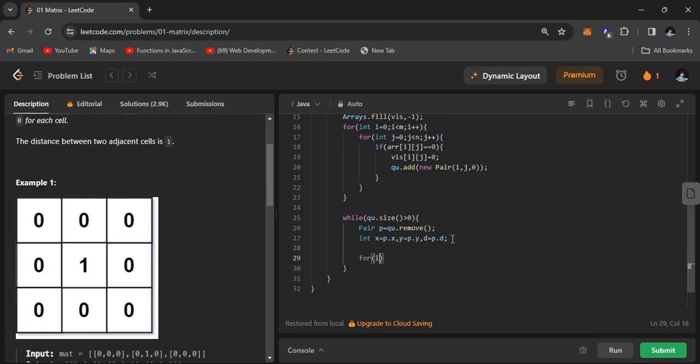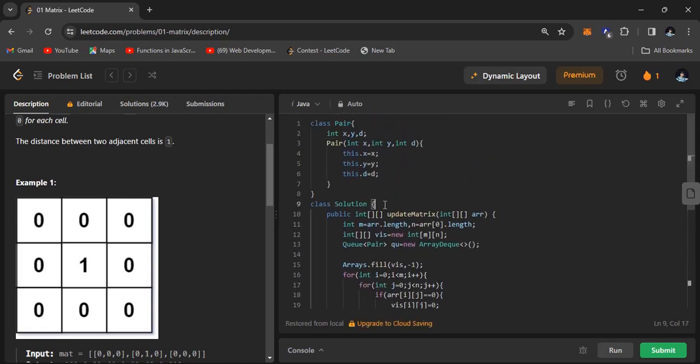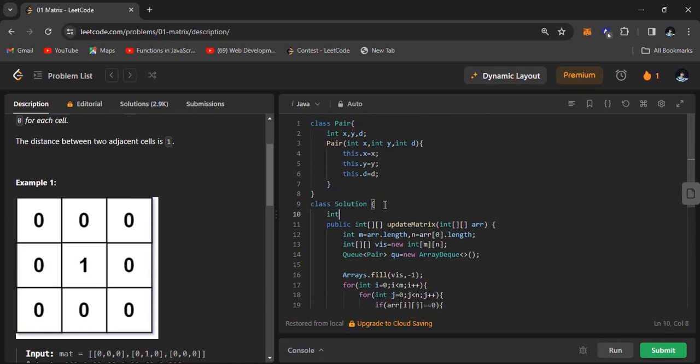Now try to visit all its neighbors. We will try all 4 directions, and for that we make a row and column array. If you go in the upward direction, your row will be -1 and the column will be the same.